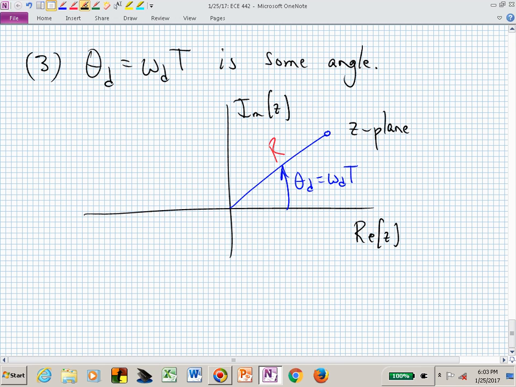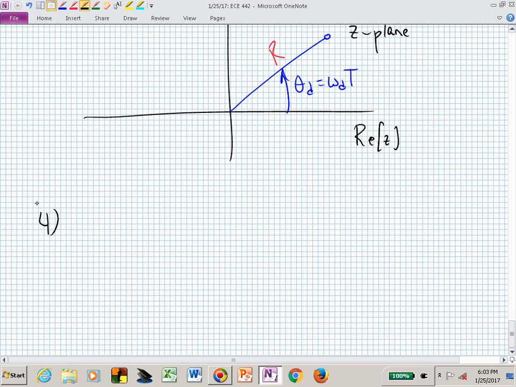Another rule of thumb that we didn't necessarily observe with this example, but I've already told you, is how to select capital T, the sampling period.